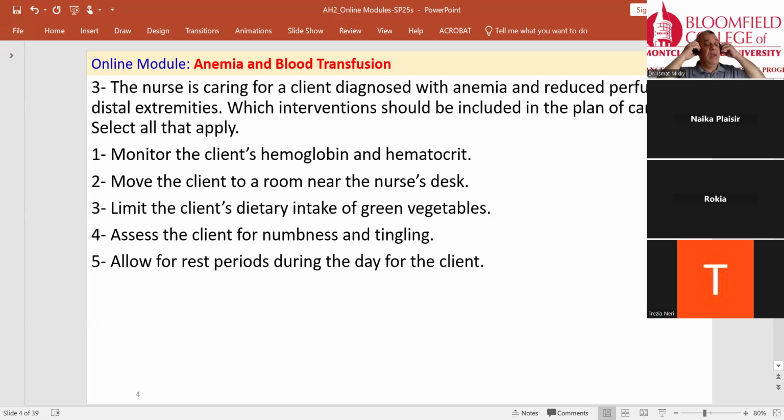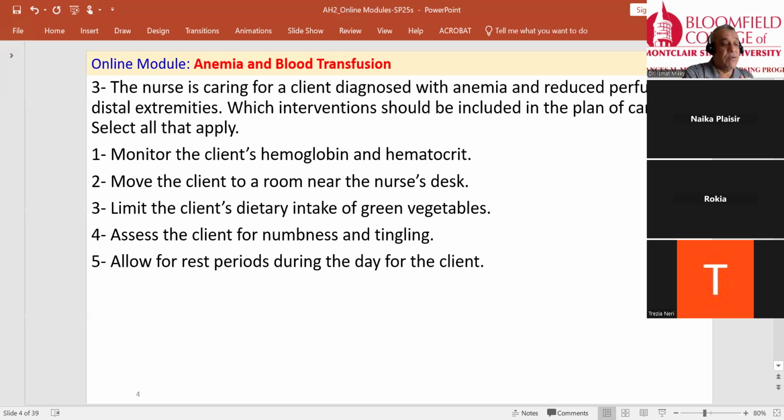With the decreased oxygenation and O2 sat, remember that the brain cells are going to be negatively affected, and that will sometimes result in dizziness and also confusion. So we try our best to have the client observed frequently, moved near to the nurse's desk. That's a safety issue.